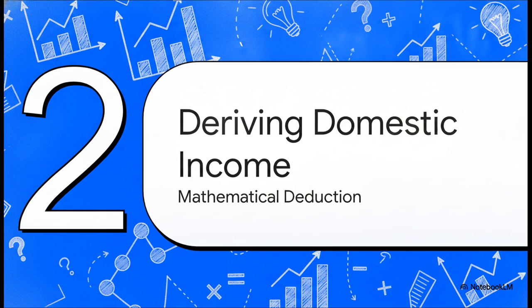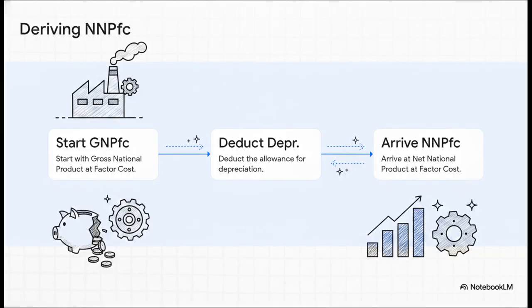Moving right along to Section 2, deriving domestic factor income, the mathematical deduction. So you might be wondering, how do we mathematically deduce this exact, pristine metric from the much broader gross aggregates you constantly see in the headlines? Well, it's a logical progression. Step 1. We start with gross national product at factor cost. This includes the sum total of earnings received by various factors of production by normal residents, but it still includes the consumption of fixed capital.